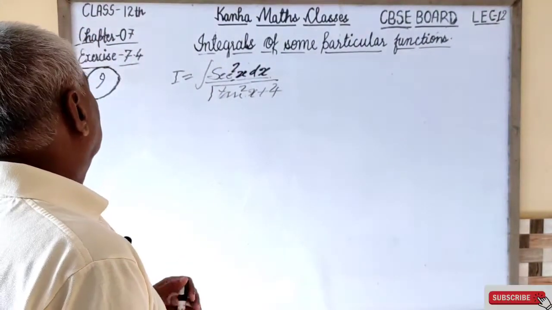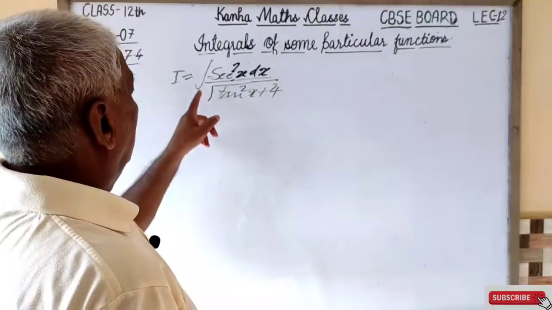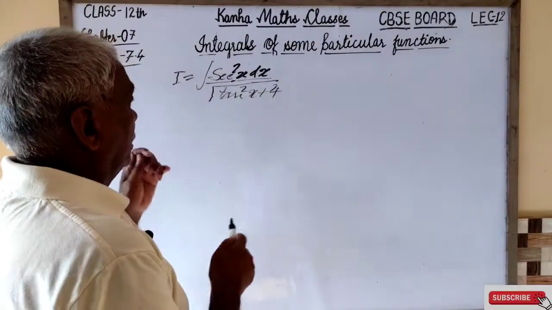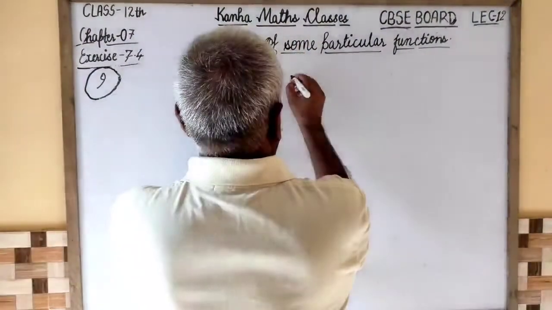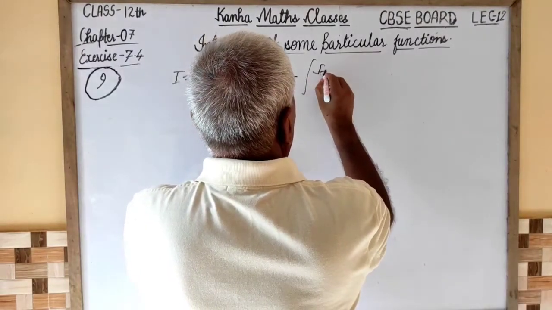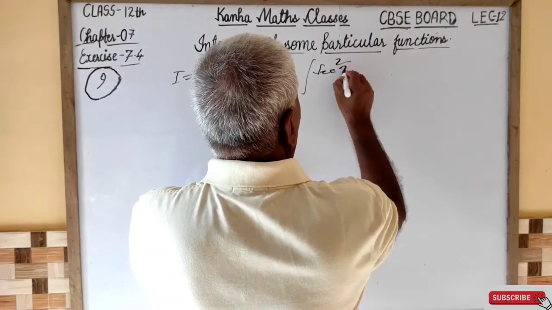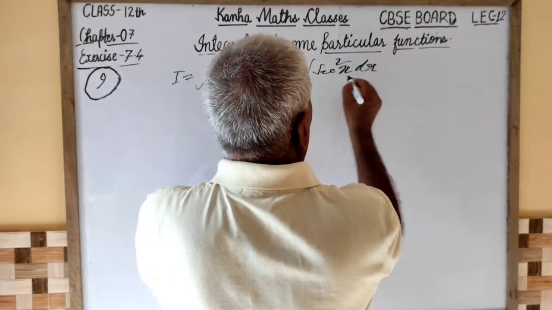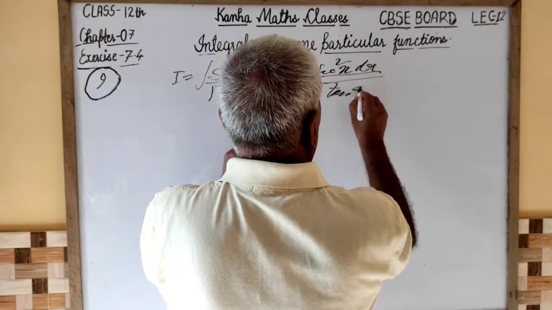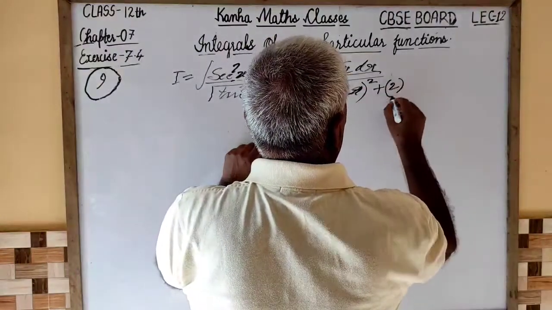Now here question number 9 is the integral sec square x dx upon root 10 square x plus 4. Here this integral may be written in the standard form: sec square x dx upon under root tan square x plus 2 square.